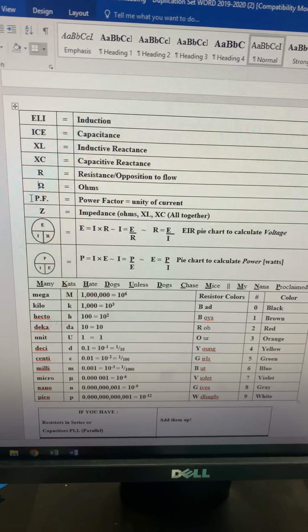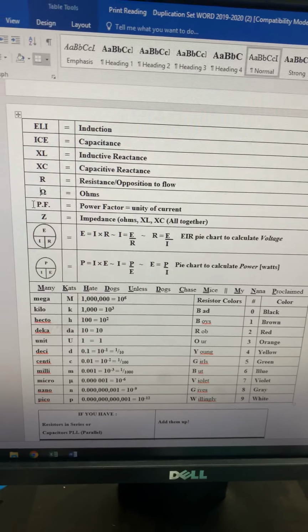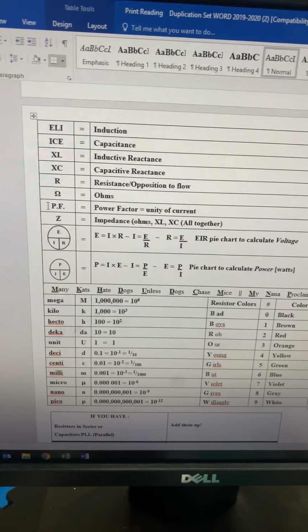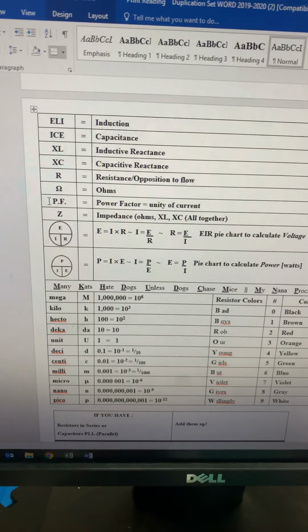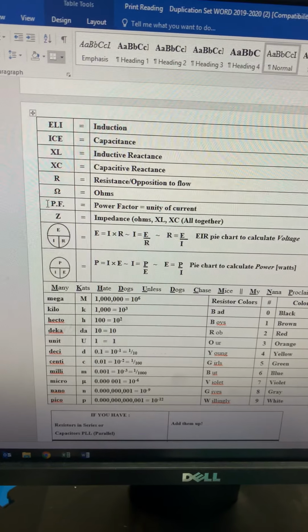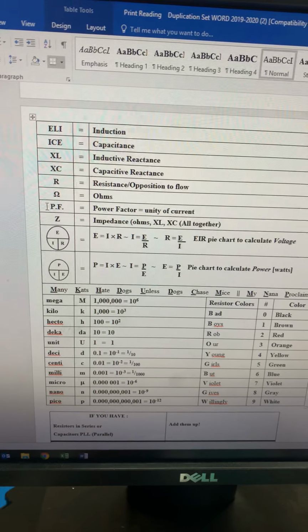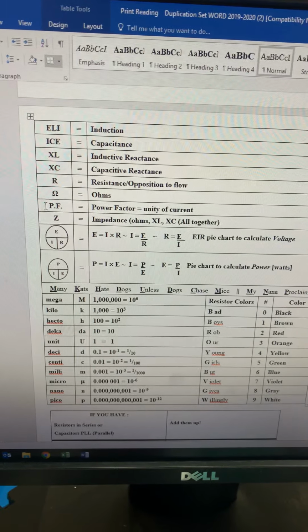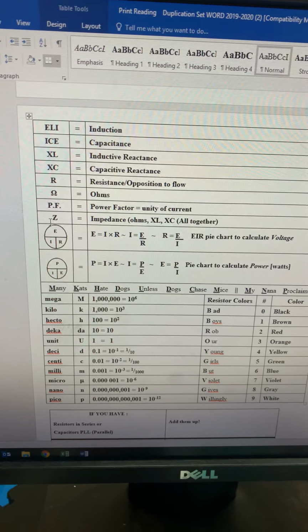PF is your power factor. A lot of motors and transformers have power factors to them. The closer to 1 the power factor is, the better. You don't lose any power, you don't have any loss of power, the better it is. Z is impedance.